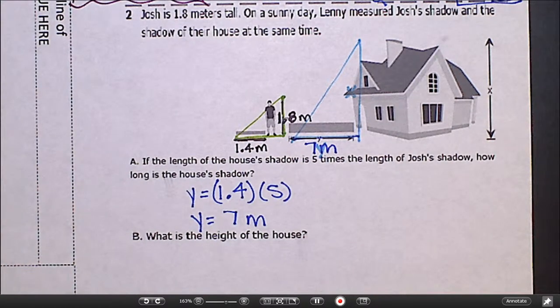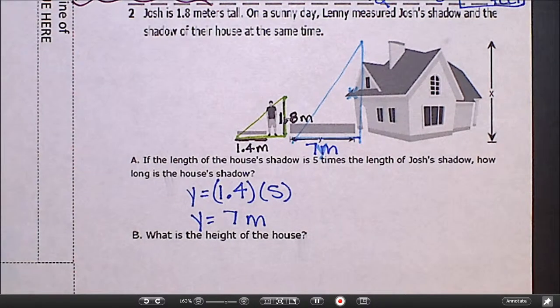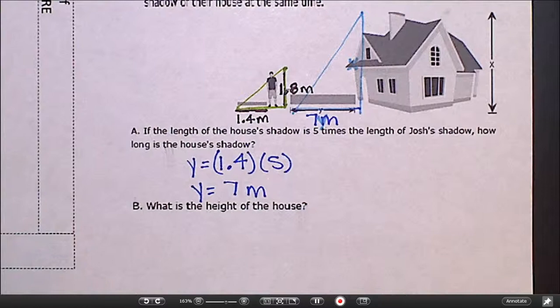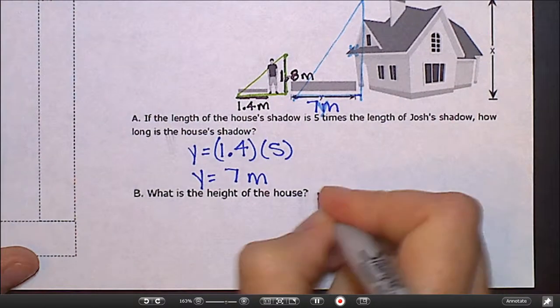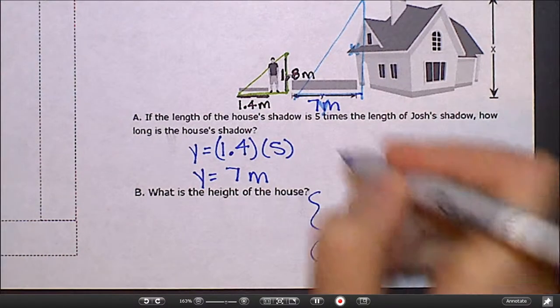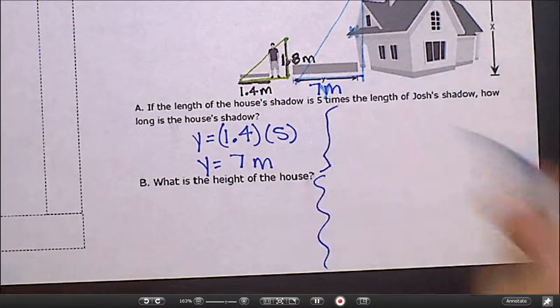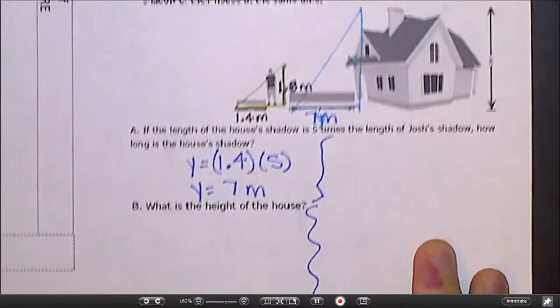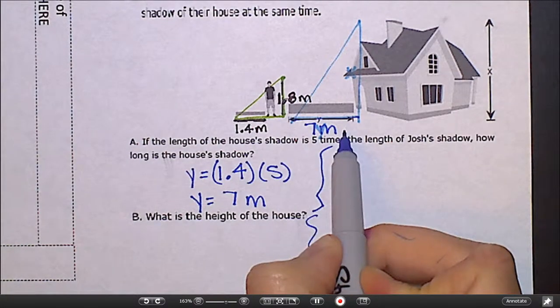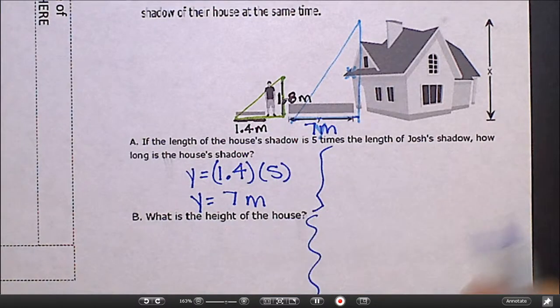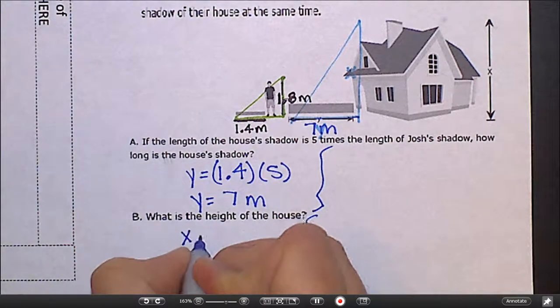Then it's asking us, what is the height of the house? So now I have two things I can do. I'm actually going to work this out two different ways. One way I can do it is to say, well, if the shadow is multiplied by 5, then the height is also going to be multiplied by 5 because it's proportional.